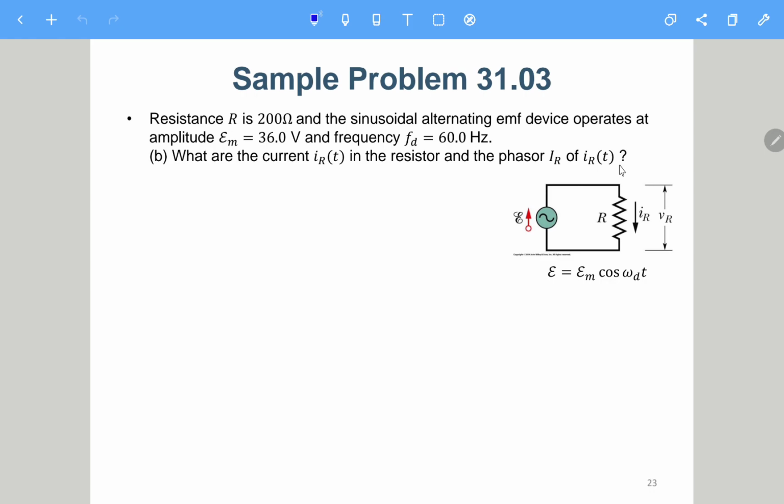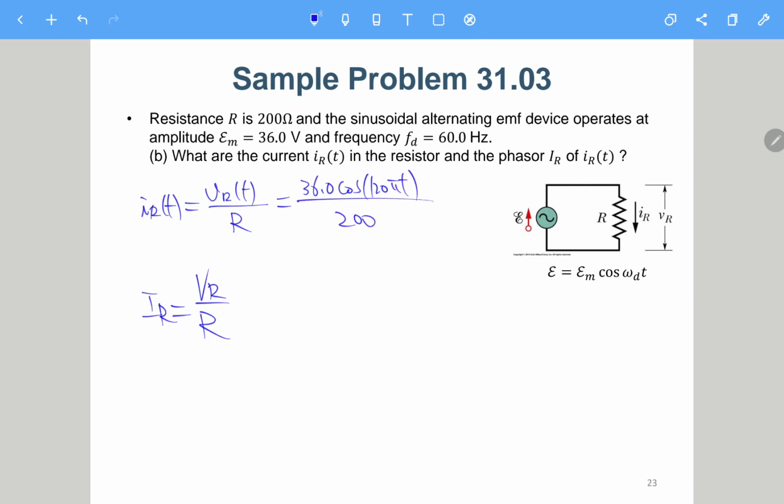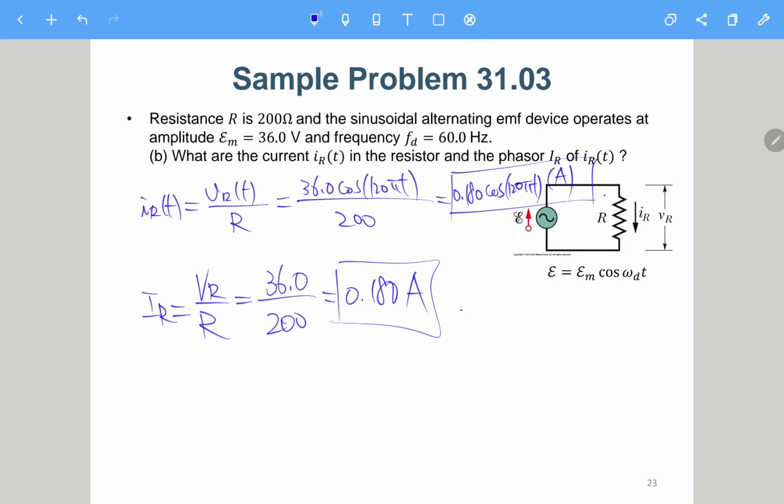IR of t is nothing but VR of t over capital R. Or you can calculate the phasor first: IR will be VR over R. So this is 36.0 over 200, which is 0.180 A. Then IR of t is 0.180 cosine of 120 pi t, in amperes. So for the resistor, it is really easy.